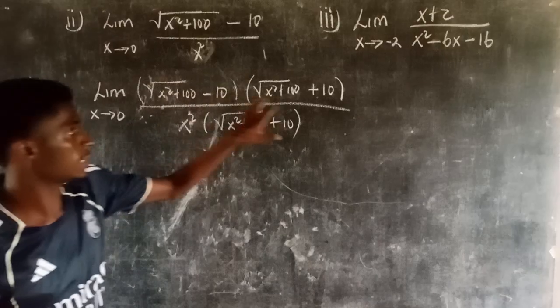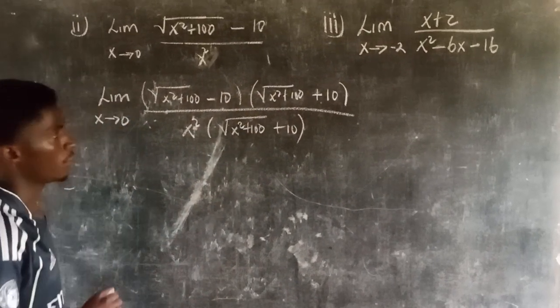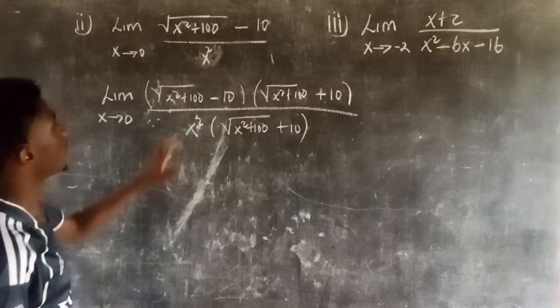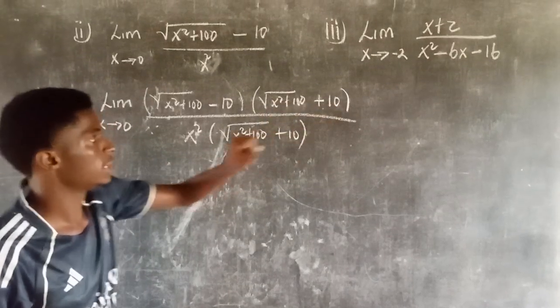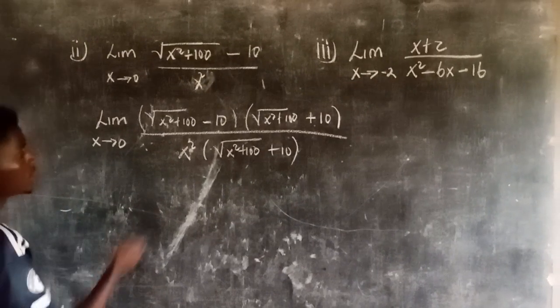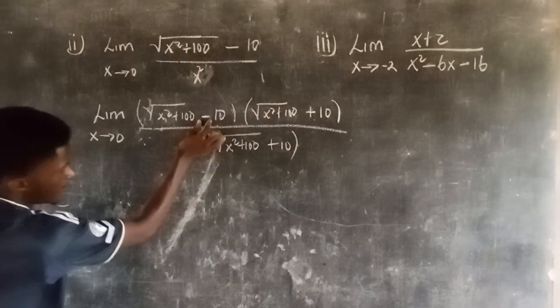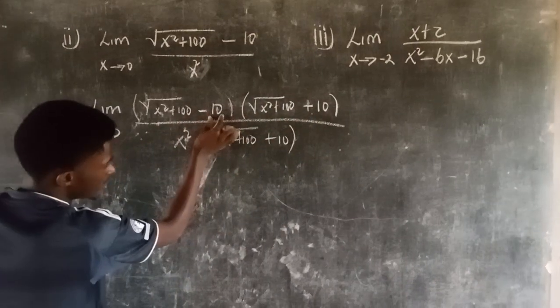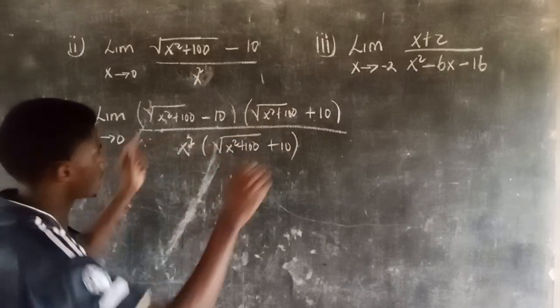You have the same things multiplying, only the signs are different. So you don't have to start multiplying each term that you have. No, just multiply the corresponding terms. What I mean by corresponding terms is just multiply this term with this term, this sign with this sign, and this number with that number, because this is a difference of 2 squares.